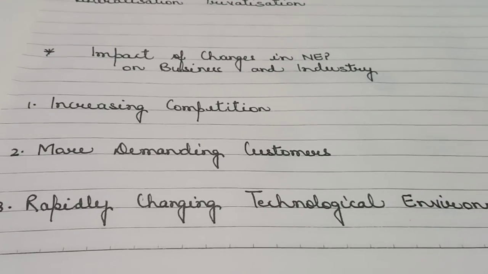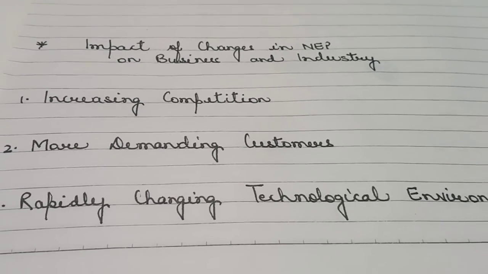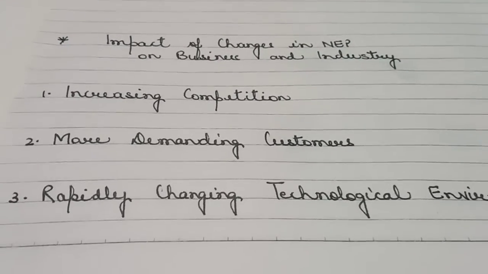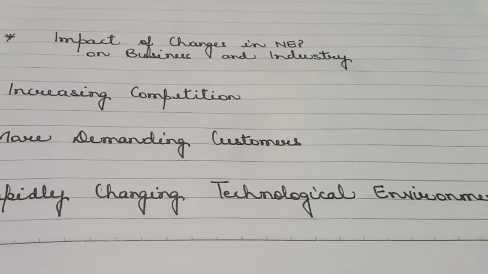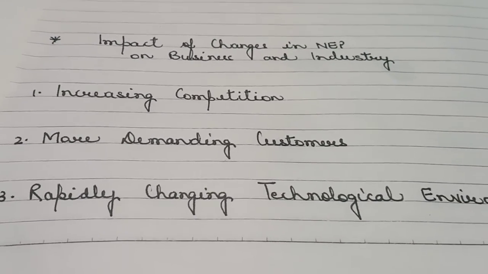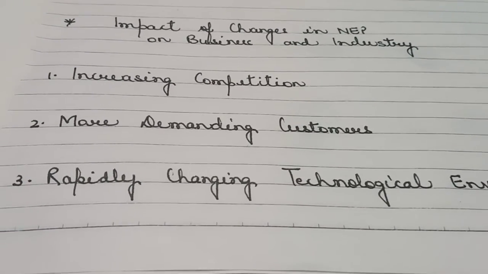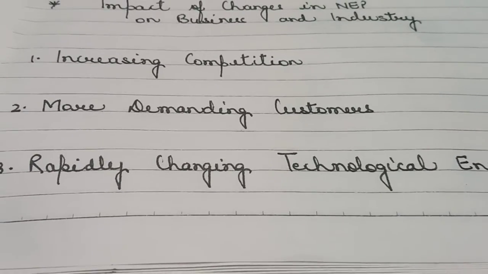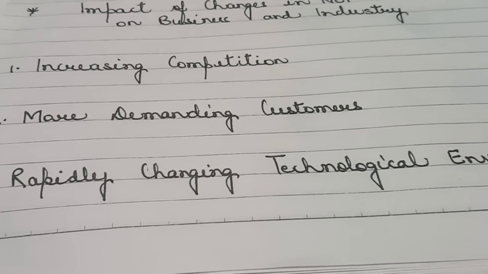Children, the third impact of the NEP on business and industry, apart from increased competition and more demanding customers, was a rapidly changing technological environment. Now, it is very clear that before the new economic policy, there was only a small internal competition. That is, the Indian entrepreneurs were facing competition only from their Indian competitors.